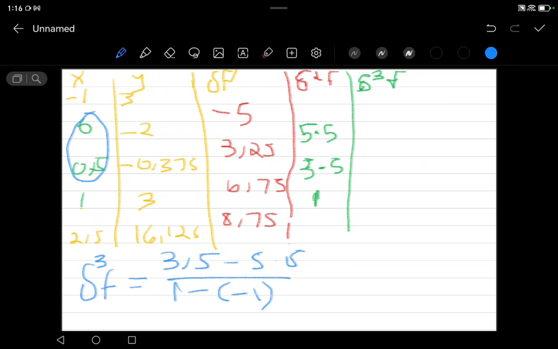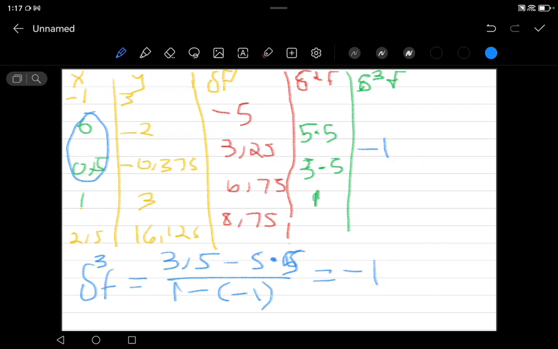Okay, guys, so for the square one, we skip 1 value. For the cube one, we skip 2 values. And then we're going to get the answer as -1.